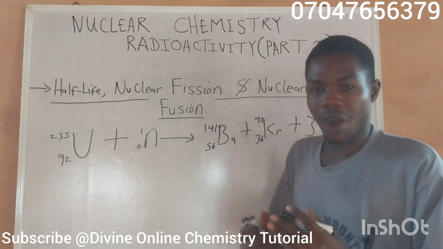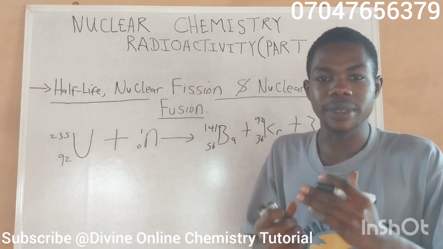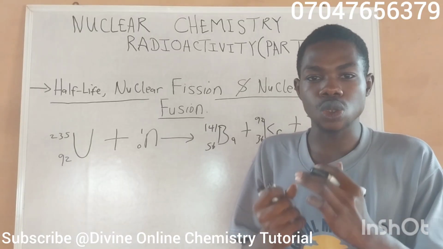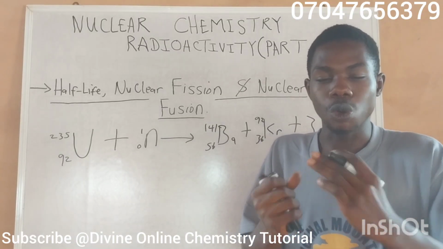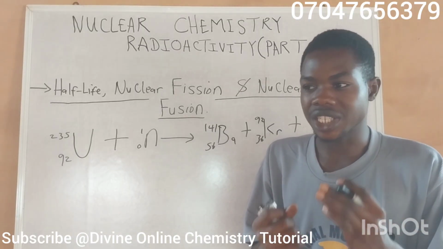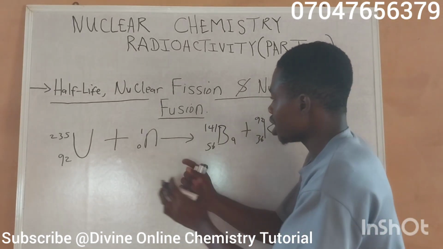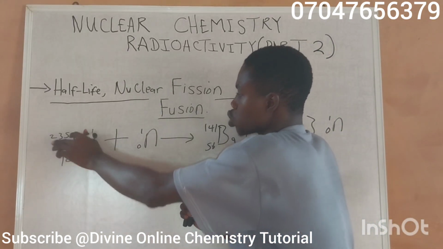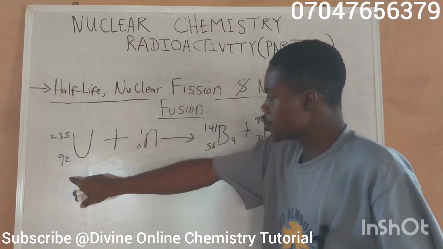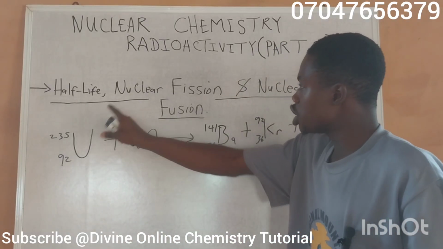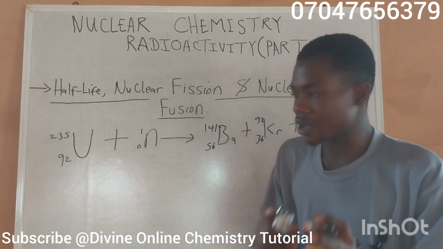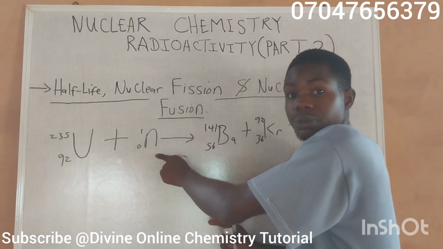Now, like I said earlier, nuclear fission is the process whereby the nucleus of a heavy element is split into two or more nuclei with the release of energy and radiation. The heavy nucleus that we're making use of here is uranium 235. This uranium 235 undergoes nuclear fission, and for nuclear fission to take place, there must be a neutron. Then it breaks down into barium 141, 56, krypton 92, 36, and 3 more neutrons.